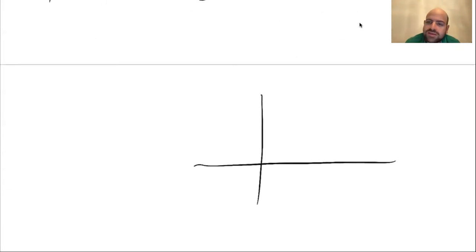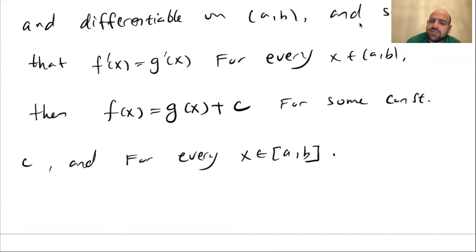So graphically, when you say f of x is g of x plus c, that means one function is the same as the other function plus some constant c, which means a vertical shift, right? So let's say we have x squared, and you add one to it, x squared plus one. x squared plus one can be obtained by a vertical shift of x squared.